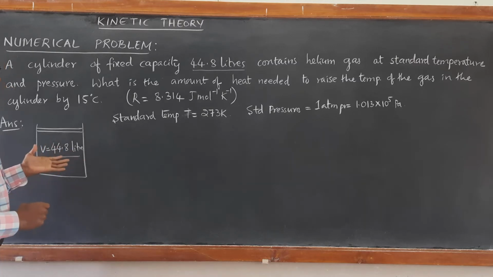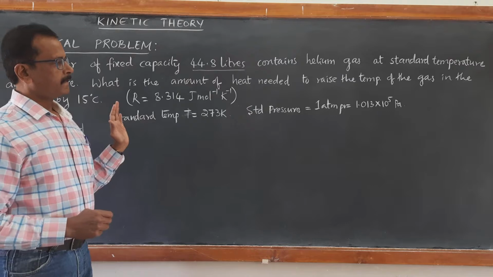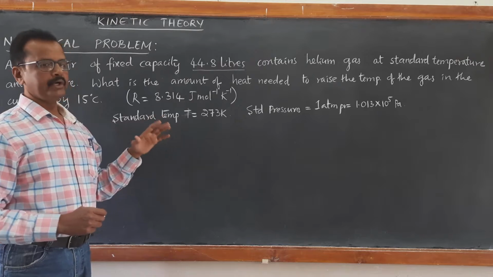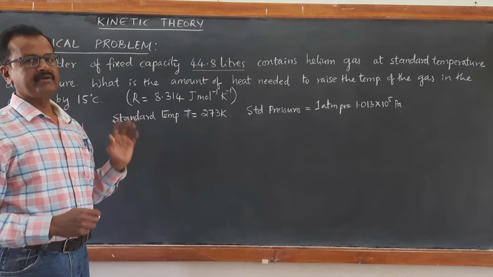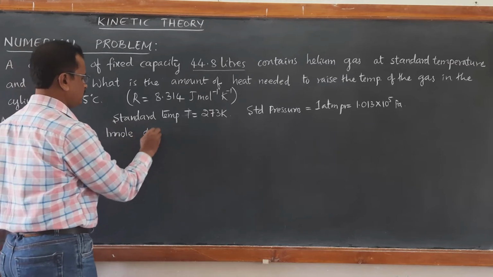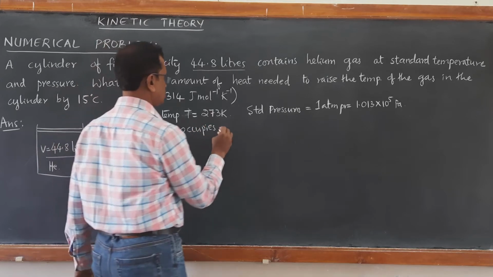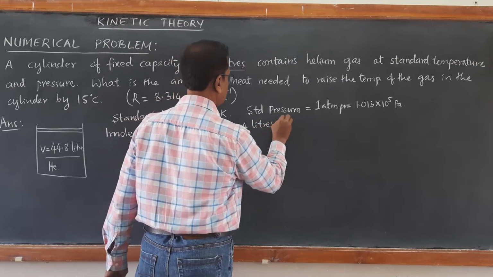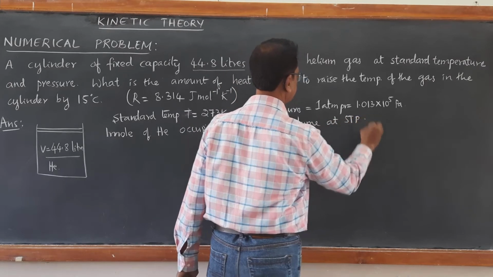One can very easily prove that at standard temperature and pressure, 22.4 liters of volume of helium occupies 1 mole of gas. 1 mole of helium occupies 22.4 liters of volume at STP.